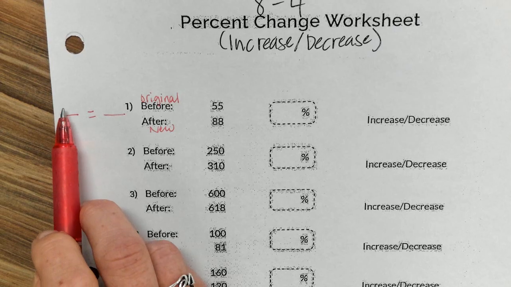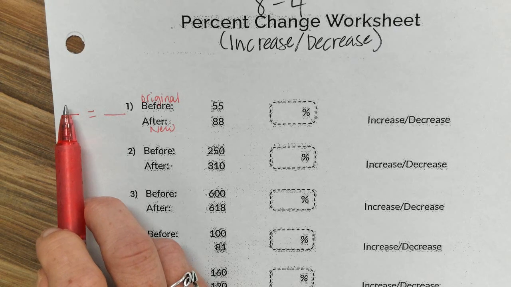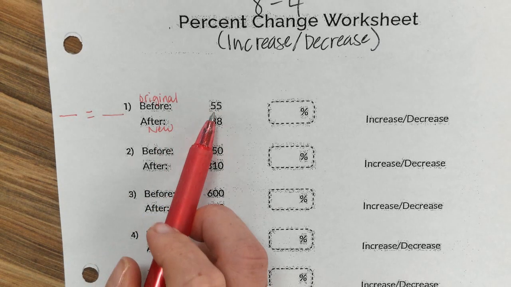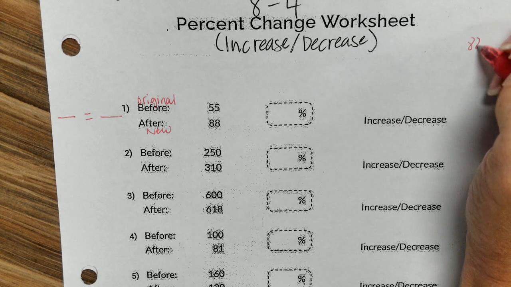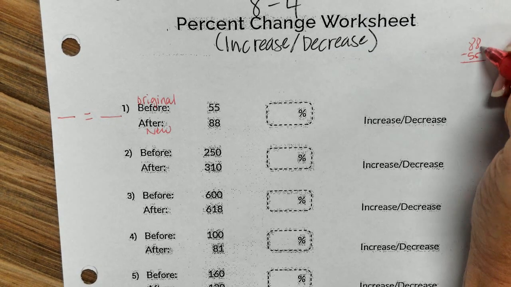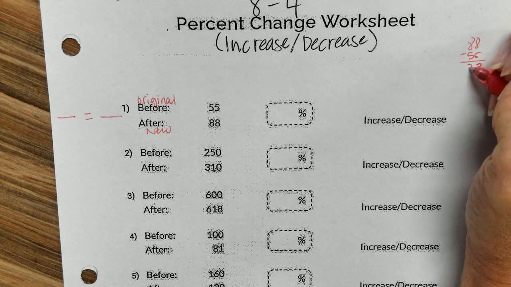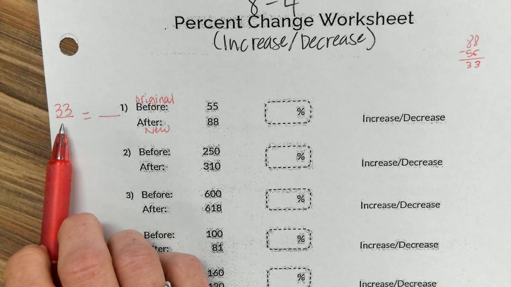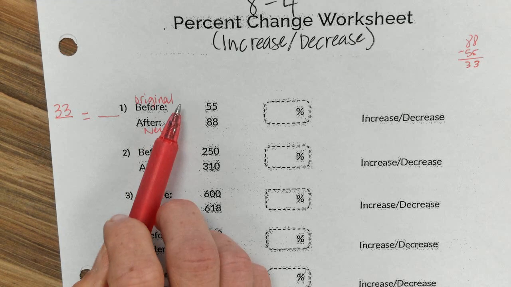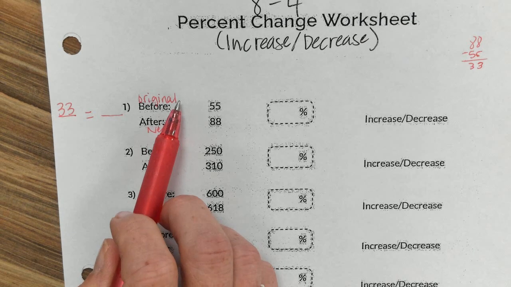What goes in the top? The difference. What's the difference of 55 and 88? You would have to do 88 minus 55, 33. What goes on the bottom? What's the original? The before number, yes?